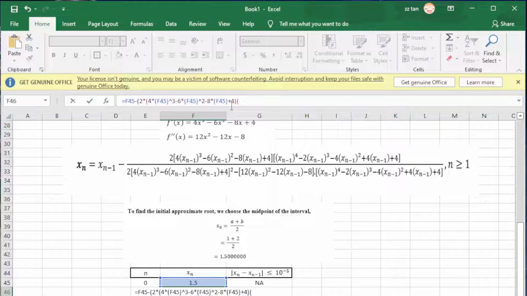Then we times this one, x naught power 4.